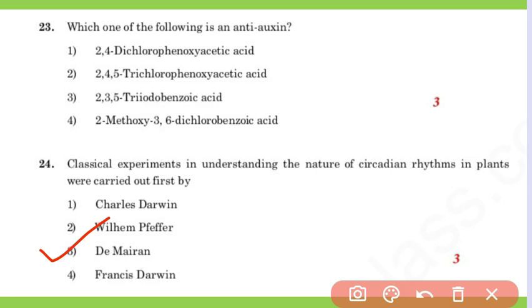Then William Pfeffer. William Pfeffer was the pioneer of modern plant physiology. His scientific interest included the thermonastic and photonastic movements of flowers. And the fourth option, Francis Darwin. Francis Darwin was the third son of Charles Darwin. So the answer of this question is option C, third, that is de Mairan.